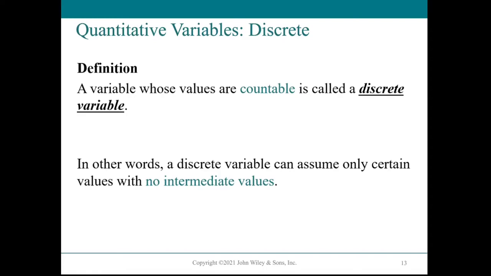Those are countable variables. There is no 1.76, there is no 1.85. We just have 1.5 followed by 1.75. So they are not whole numbers, but they are still discrete variables because they are countable, and there are no accepted intermediate values between them. So that's your discrete variables.